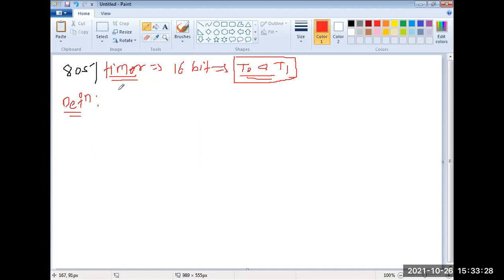What is a timer then? Let's repeat, I just repeated it now. An electronic device which provides different types of time delays. So I can say from microseconds to days, all this we can get by using multiple timers. Okay, another definition.